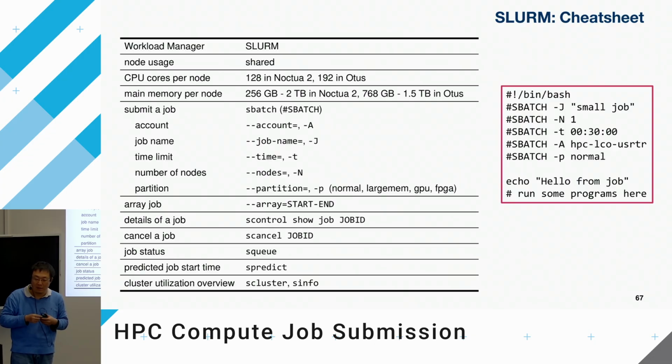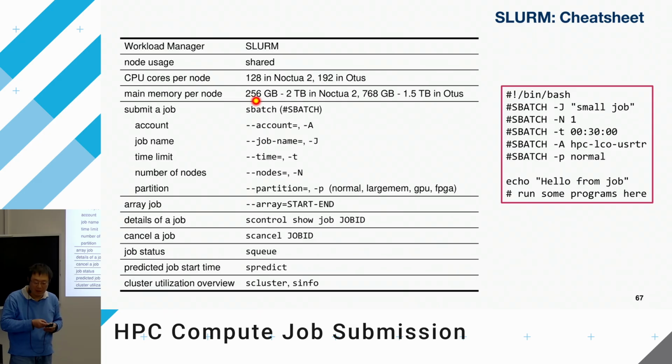By default, if I request one node, which means I have 128 CPU cores and 256 gigabyte RAM by default, right? Yes, without any other options.